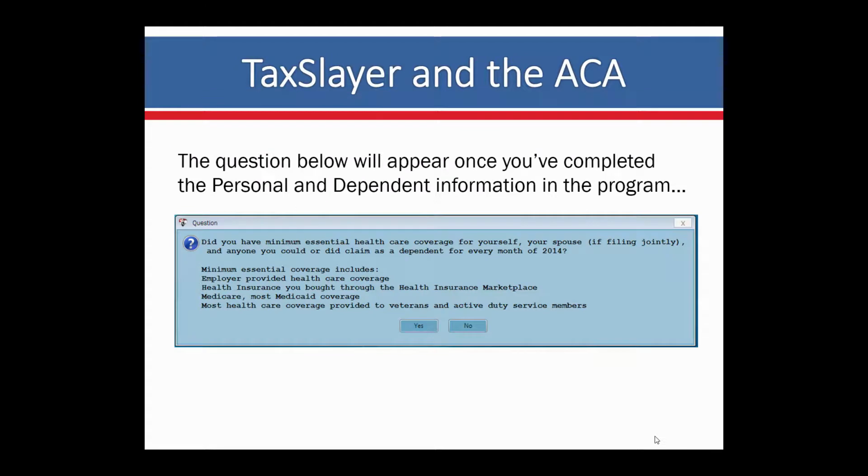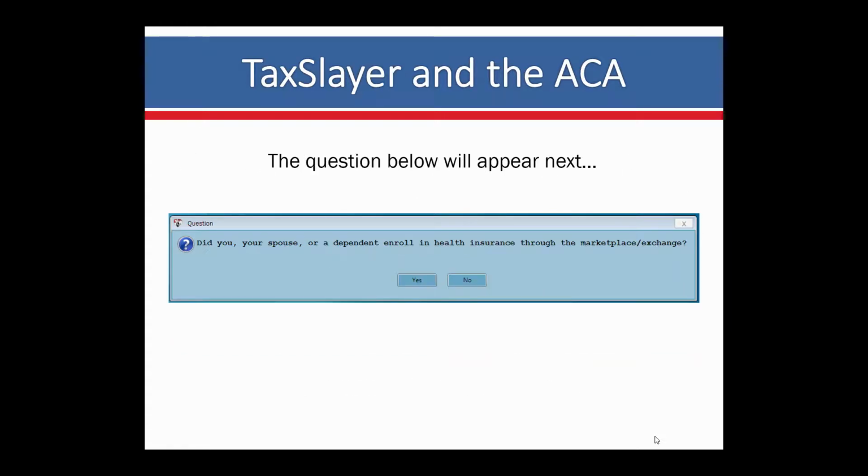The question below will appear once you've completed the personal and dependent information within the program. Did you have minimum essential health care coverage? We would answer no to this question. The question below will appear next. Did you, your spouse, or dependent enroll in health insurance through the marketplace?